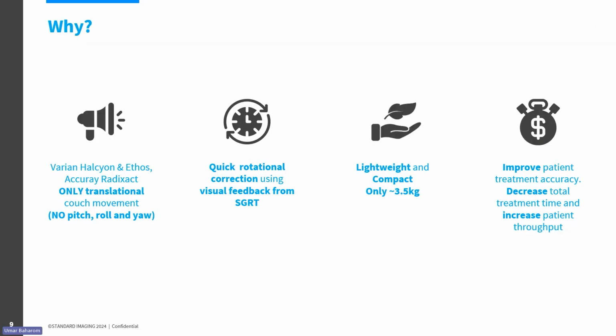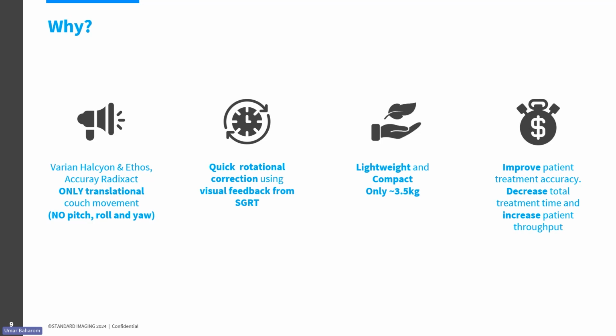So why would you need the TruPose head adjuster? A few reasons here. If you are trying to use Halcyon or Ethos or the Radixact for intracranial treatment, these couches only offer translational movement, so there's no pitch, roll, and yaw. As you know, making adjustments manually by the therapist is very difficult.